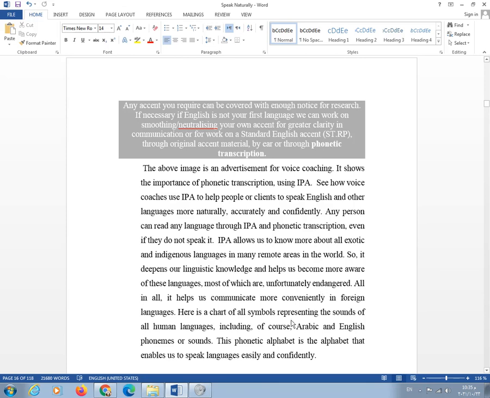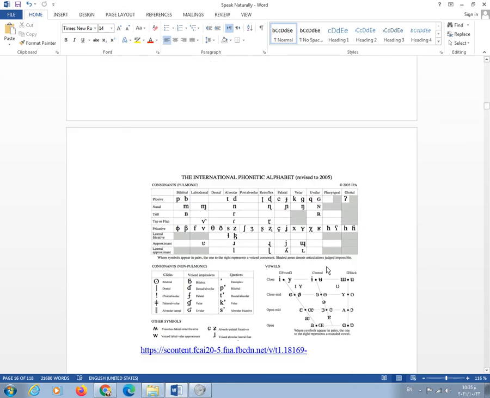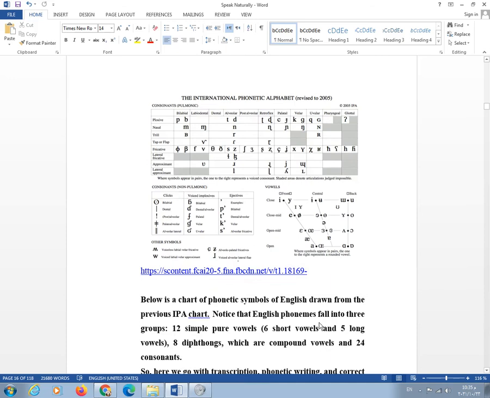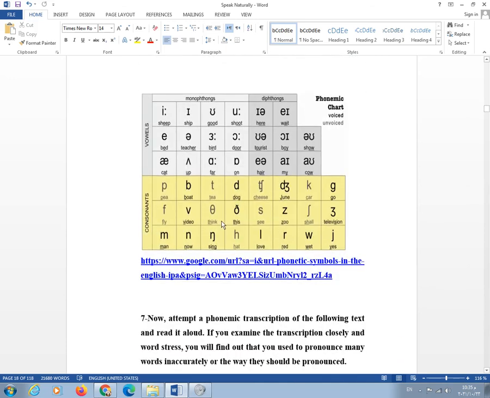I ask you to have a look at the International Phonetic Alphabet, the symbols that represent the sounds of all human languages, whether consonants or vowels, as we can see. Then we have the symbols of the English language, representing the vowels, the diphthongs, and also the consonants.